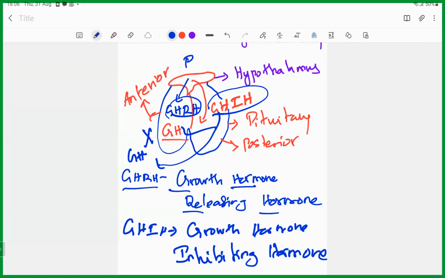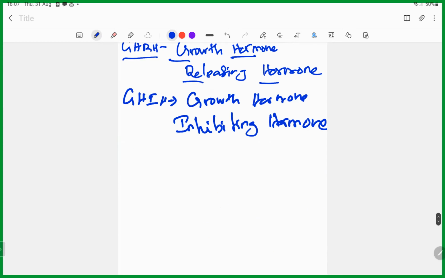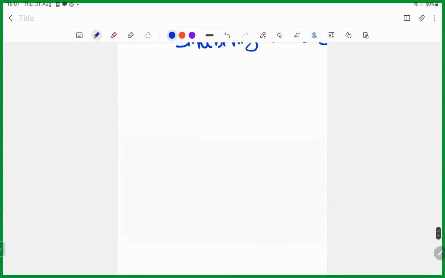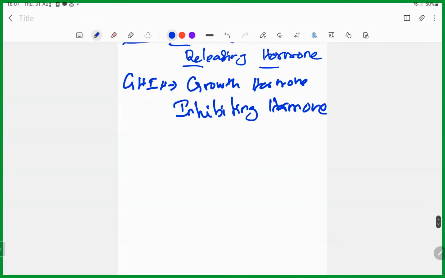That's how every hormone production by the pituitary is regulated. There are many hormones produced by the pituitary, and we are going to see many types. For example, growth hormone, even the same example.